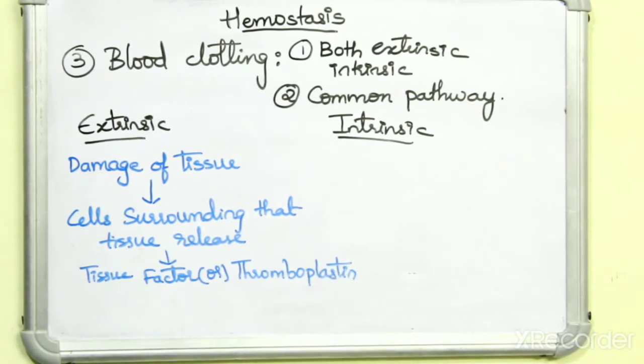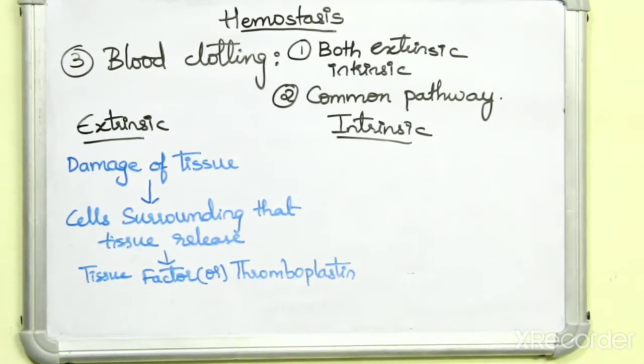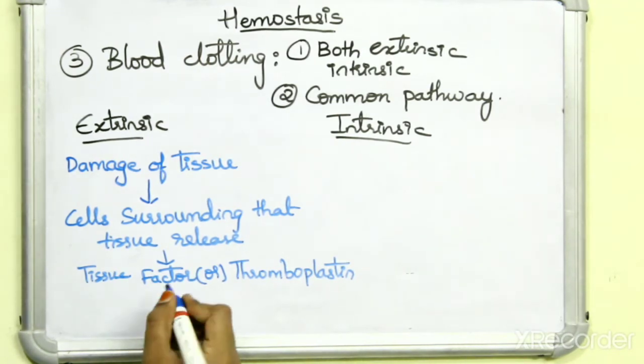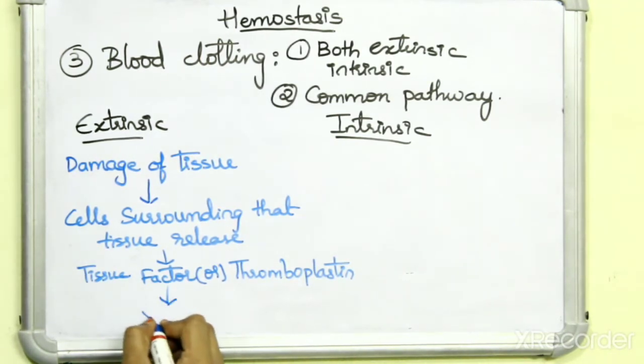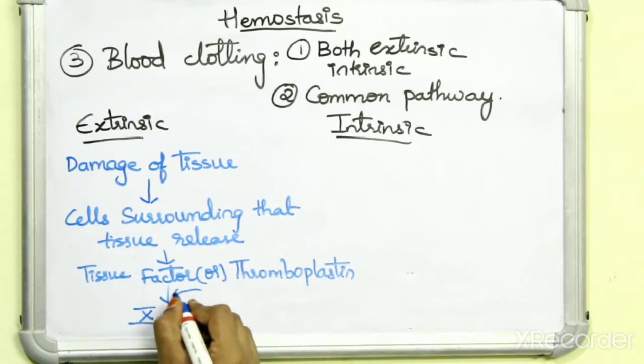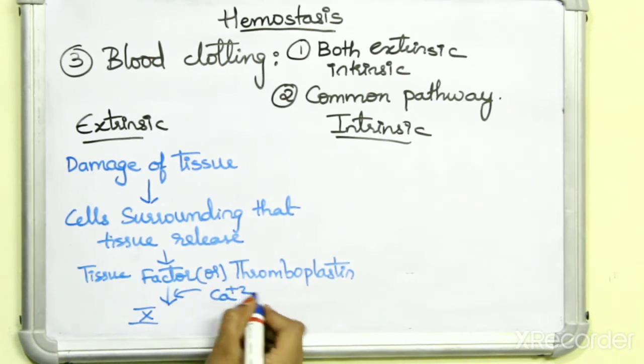This tissue factor or thromboplastin in turn activates numerous clotting factors, and here the first factor activated by the thromboplastin is factor number 10 in the presence of calcium. Calcium is very important here.